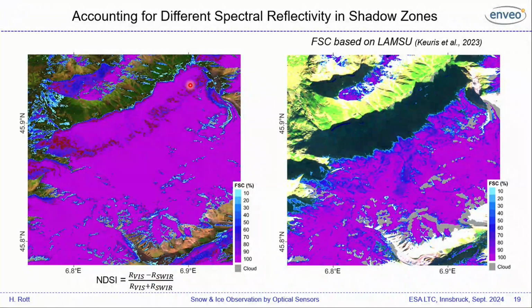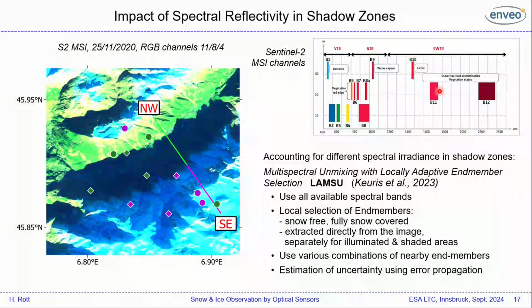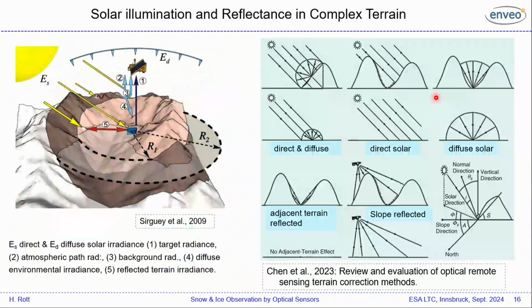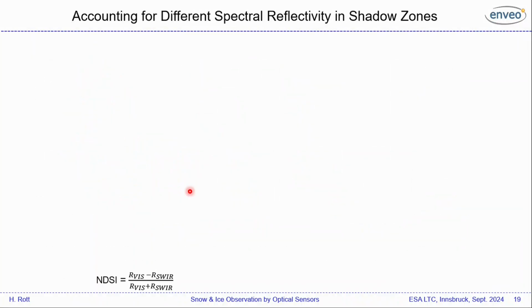And there, because we have this quasi-zero reflectivity in the shortwave infrared, which in this case, let's go back here, it's in this region here, where we have still quite some reflectance.